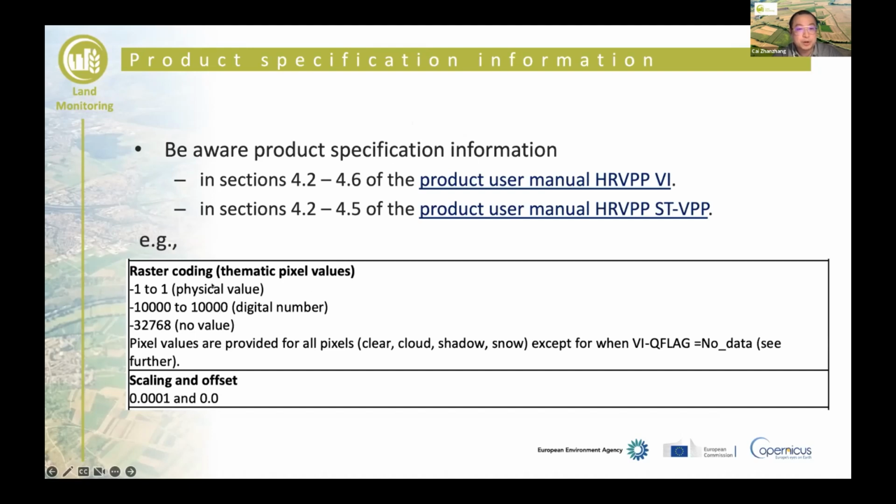It provides many useful pieces of information, especially the raster coding. It shows the valid range for physical values, the range for digital numbers, and the null value. The other important one is the scaling factor, to convert between digital number and the physical values.